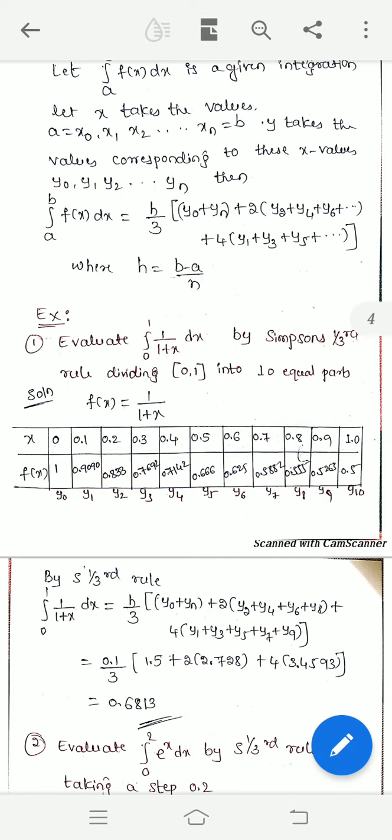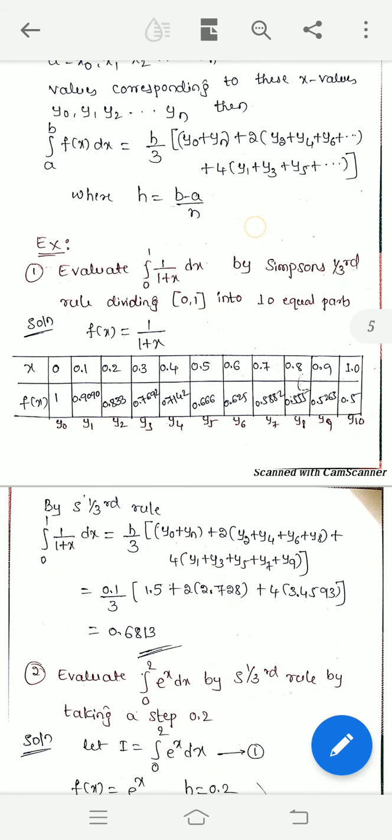Okay, this is the formula of Simpson's 1/3 rule. It is one of the very important formulas, where here h is the same.